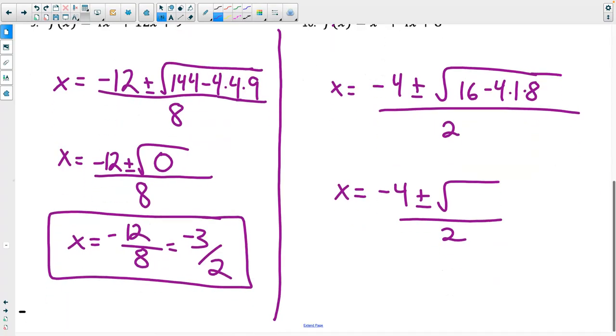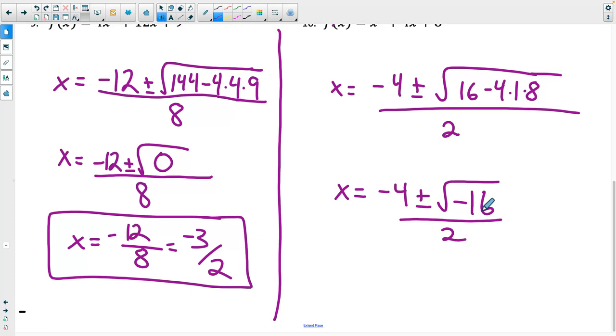What's going inside the square root right there? Got it. Negative 16. So, what's the square root of 16? 4.